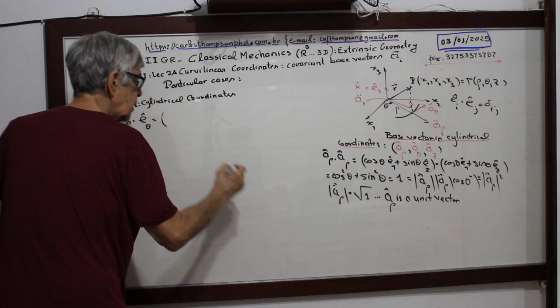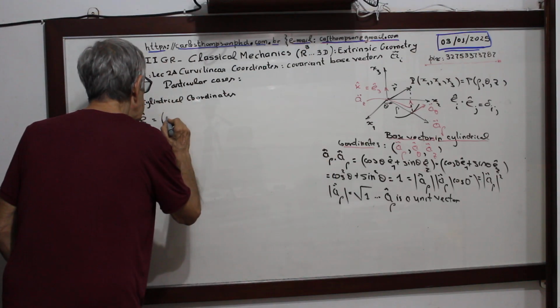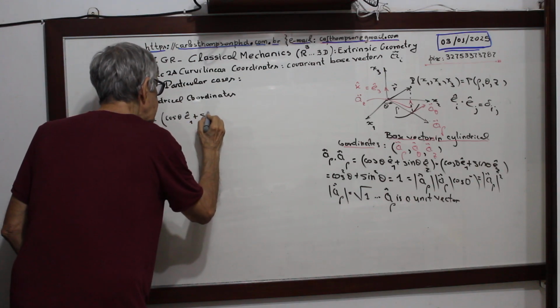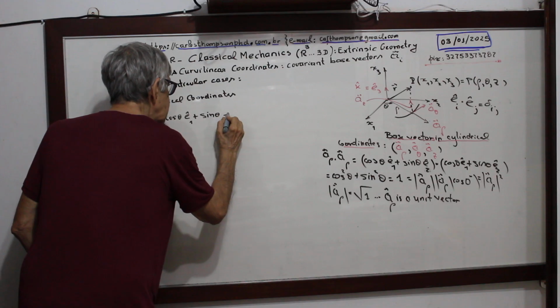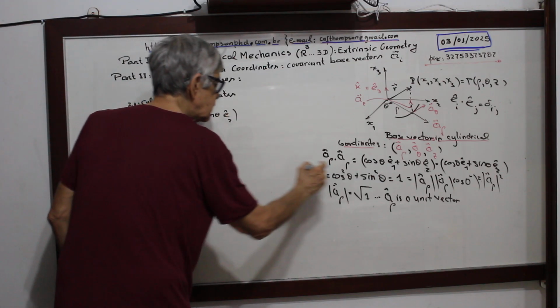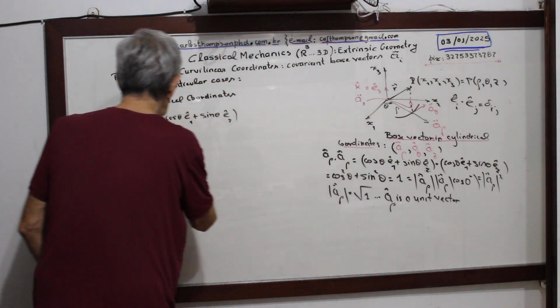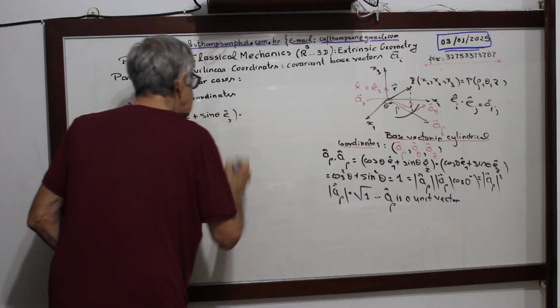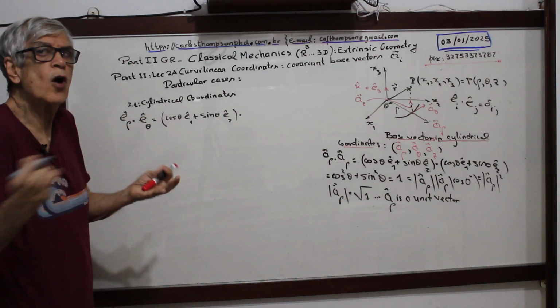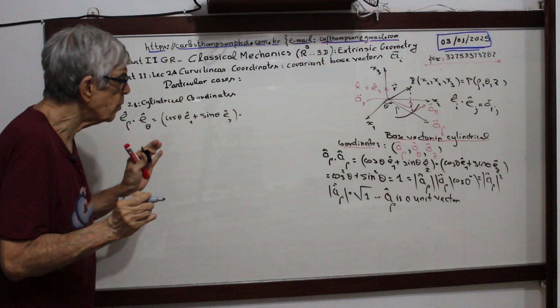I have A rho will be cosine theta E1 plus sine theta E2. See, I just copy A rho here. Dot, you see, A theta. I forgot A theta. No problem.